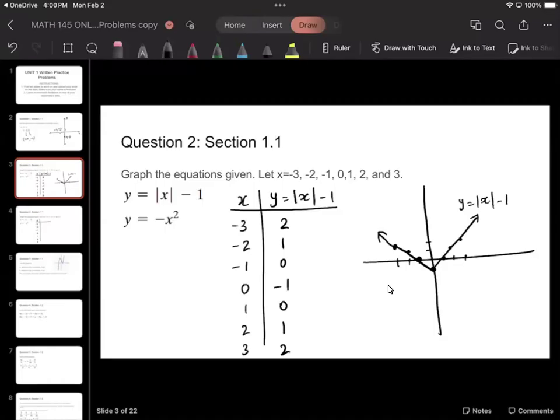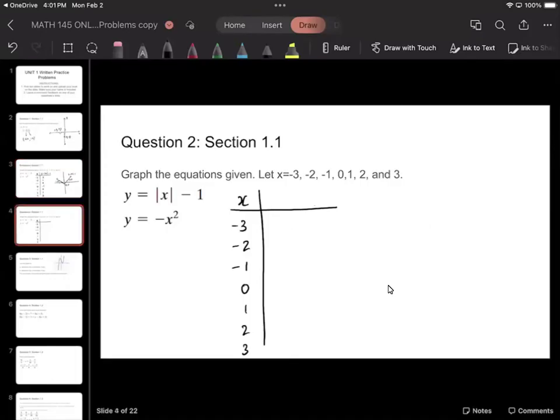Okay. And a very good graph should have all your points labeled. So the good thing to do would be to label this as (0, -1). I would say at least please label 3 points on the graph, like so. Okay. Now let's do the next one here. y equals -x² is the next equation.